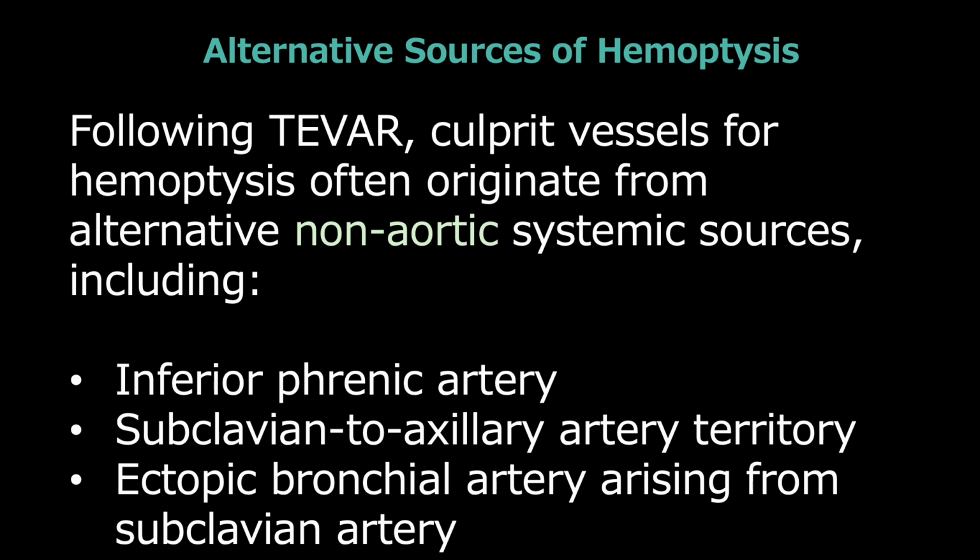What, then, becomes the source of hemoptysis after TEVAR? Following TEVAR, culprit vessels for hemoptysis often originate from alternative non-aortic systemic sources, including these arteries.